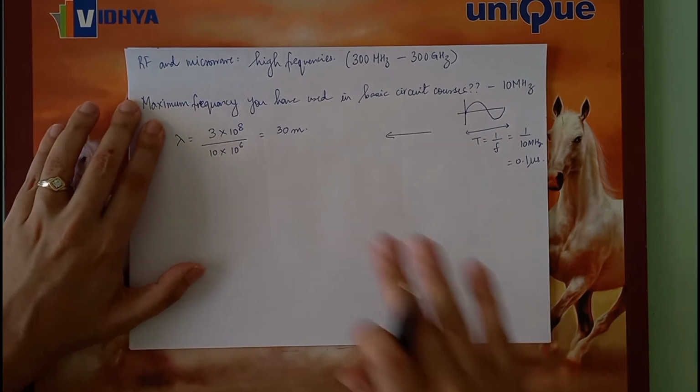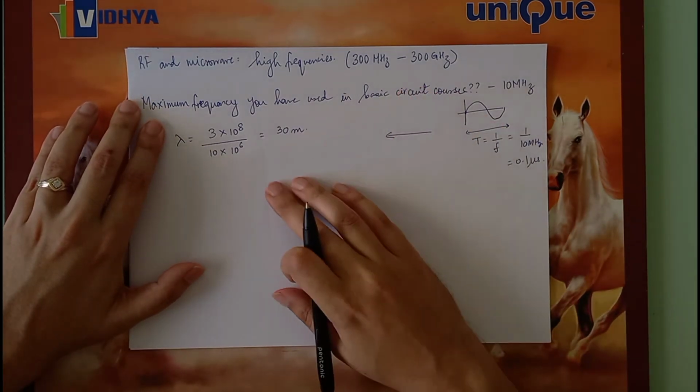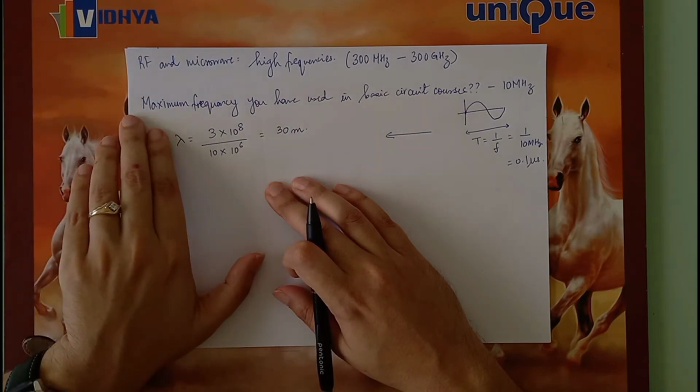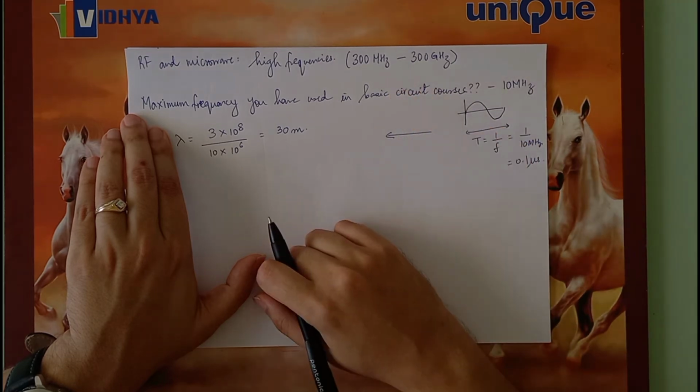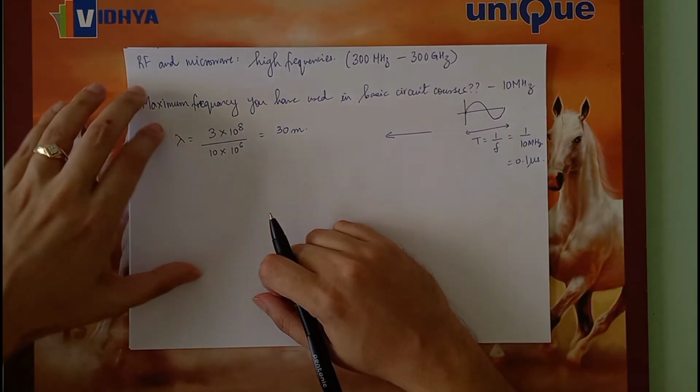Now, in your basic circuit courses, how do you practically implement the circuits that you make? You normally use something called a breadboard.